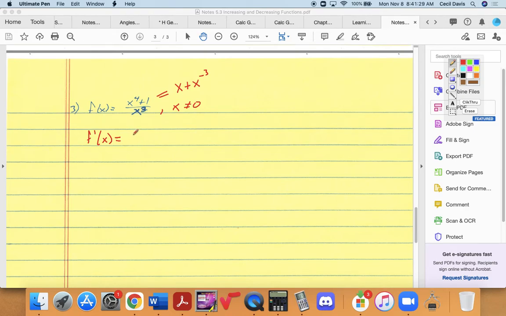So then the derivative would be 1 minus 3x to the negative 2. We want to know when that is equal to 0. We already know that it doesn't exist at x is 0. So 1 equals 3 over x squared, so x squared equals 3. So x is plus or minus the square root of 3.